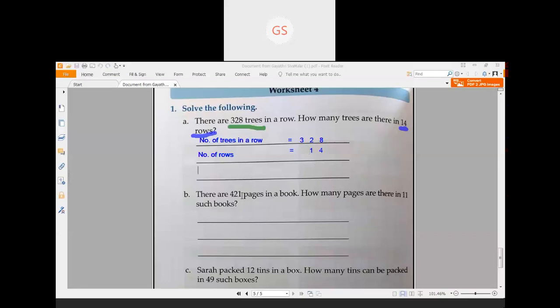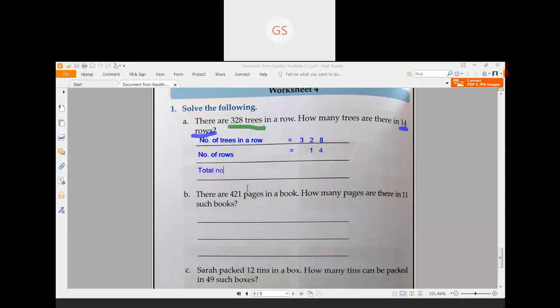Third statement. What will be the third statement? Look at this question itself. You can understand. How many trees are there in 14 rows? That is the question. So from that question itself, you can understand. Finally, total. The word total is very important here.